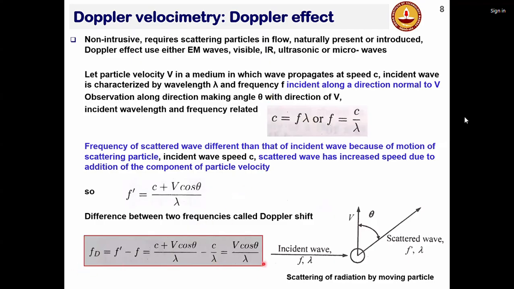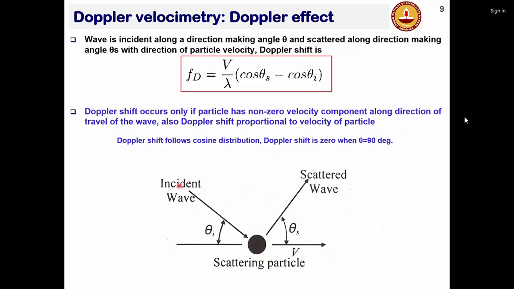So this Doppler shift is basically the difference in the frequency between the scattered and incident signal. Having learned that, suppose we have an incident wave coming and hitting at an angle theta I with the direction of flow velocity.